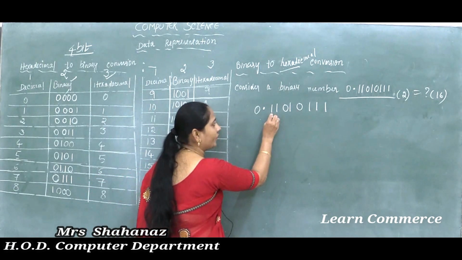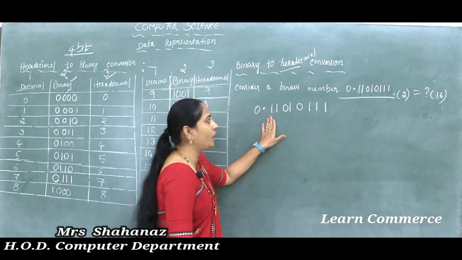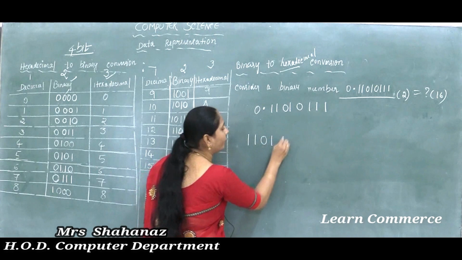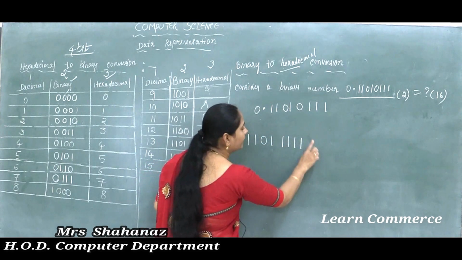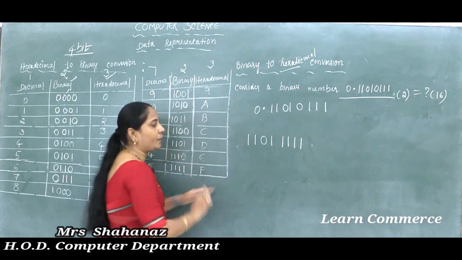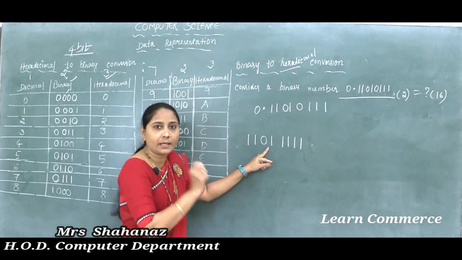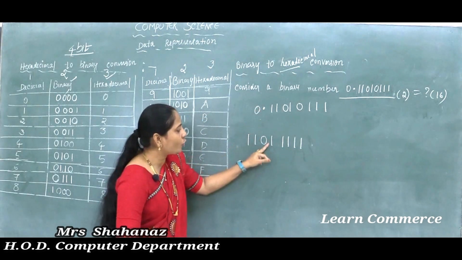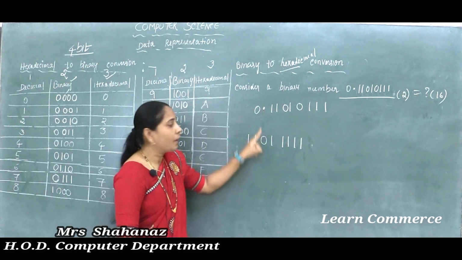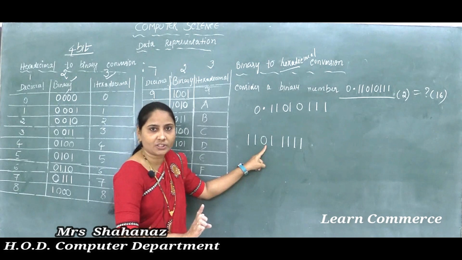So first of all we know that maybe it's a whole number. Whole number means maybe if any value 11011111. Clear this one? In this case this is a whole number, there is no fractional point. When you compare this, in this question we used the fractional point, but in that question no fractional point is there.